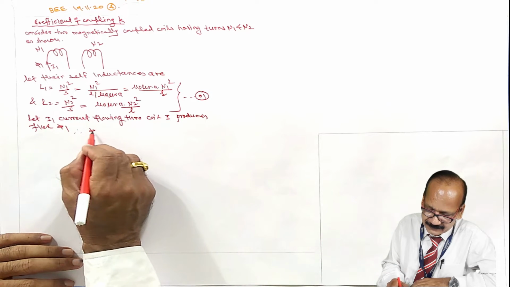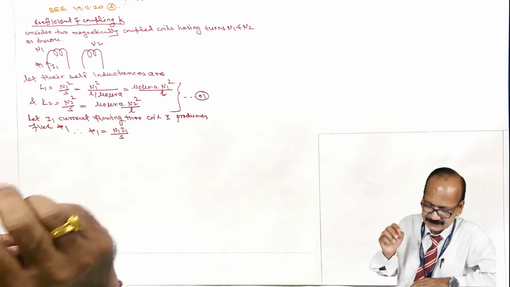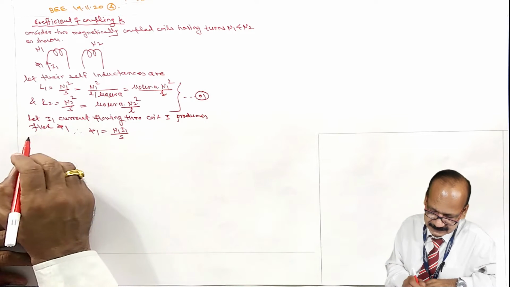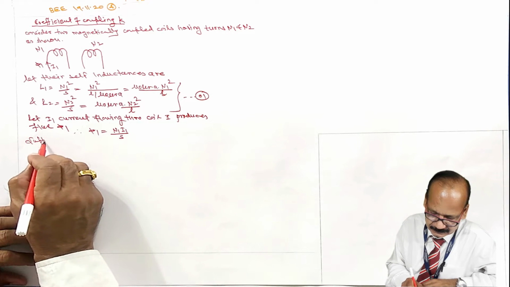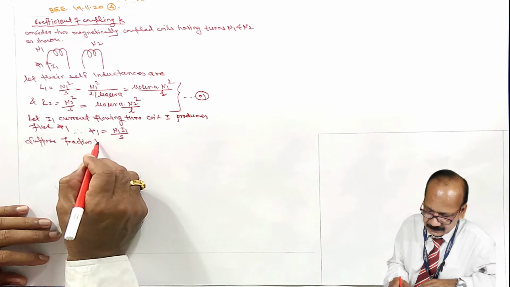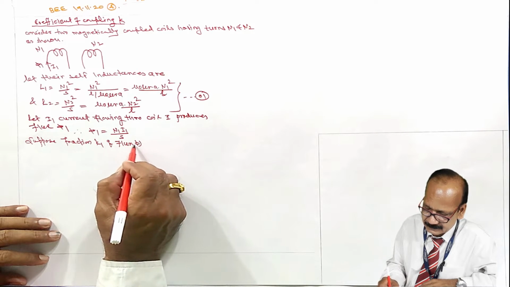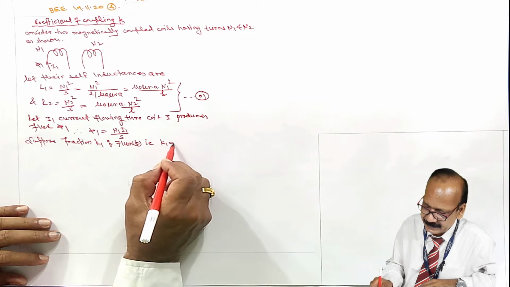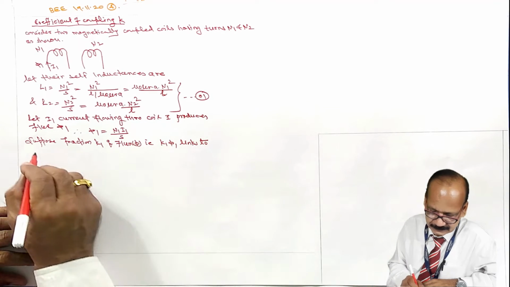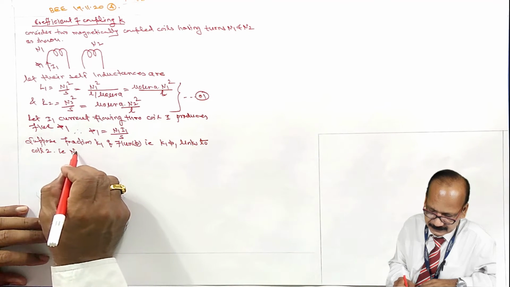This flux phi 1 equal to N1 I1 upon S. Suppose a fraction K1 of this flux, that is K1 phi 1, links to coil 2, that is N2.